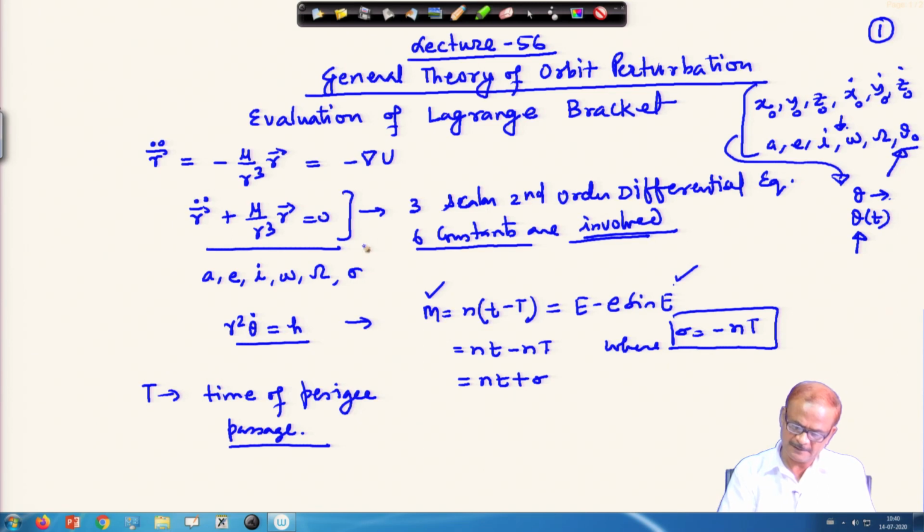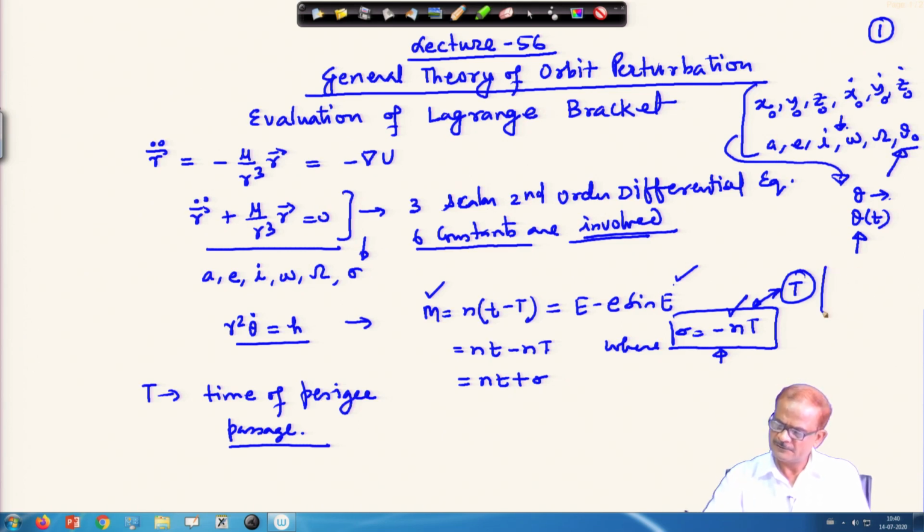So rather than that, we take sigma, which is written as sigma equal to minus n t, as a constant. Either minus n t or t can be chosen as the constant of integration.